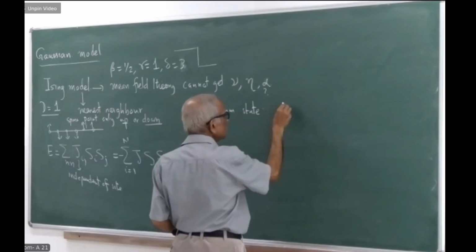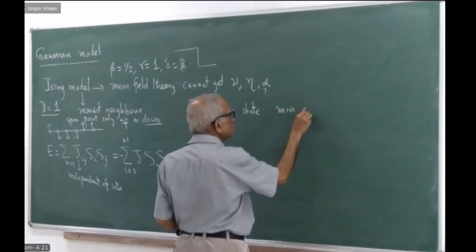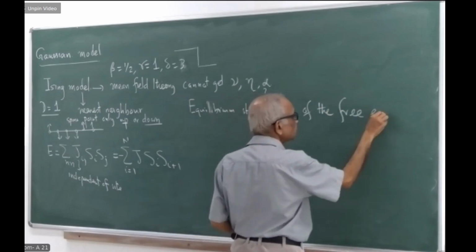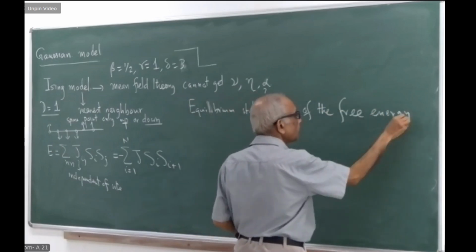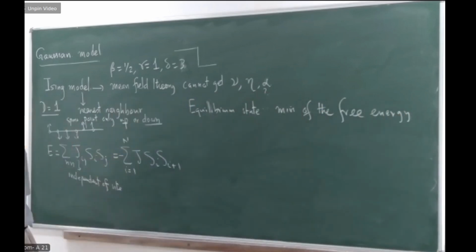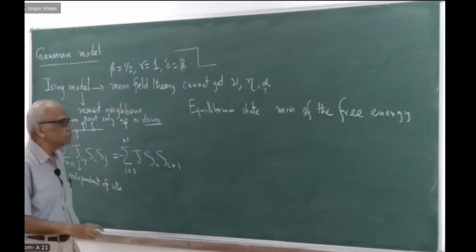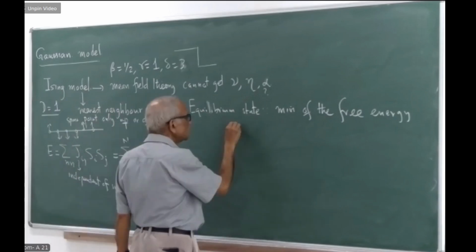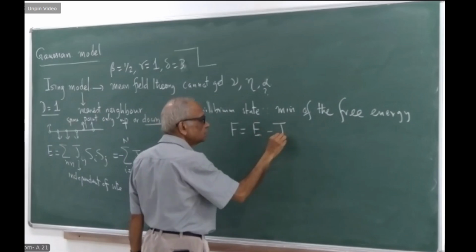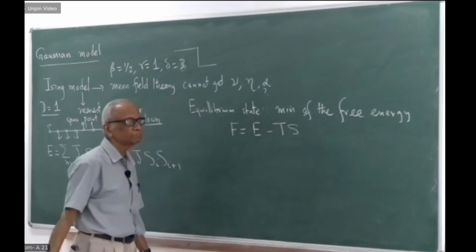The equilibrium state is the minimum of the thermodynamic free energy. The thermodynamic free energy is F equal to internal energy minus T times S.